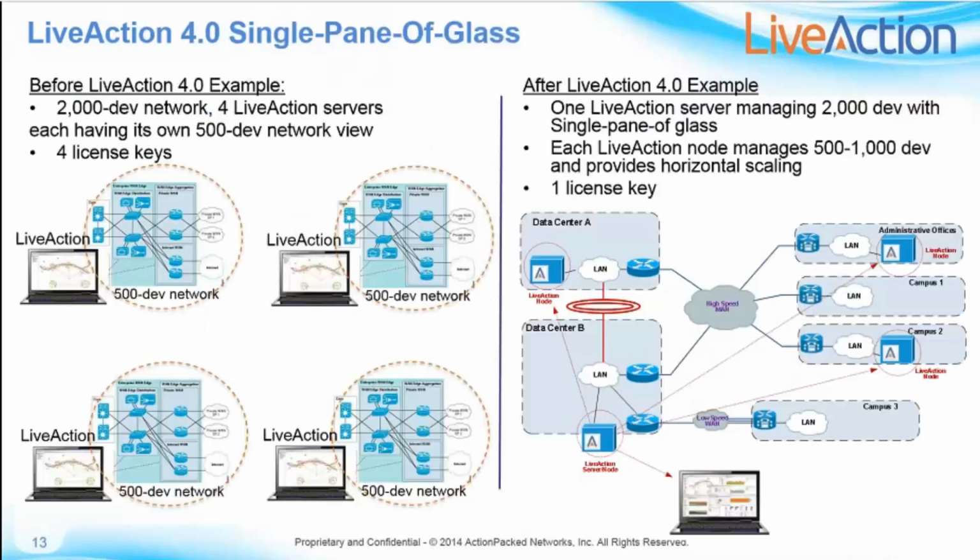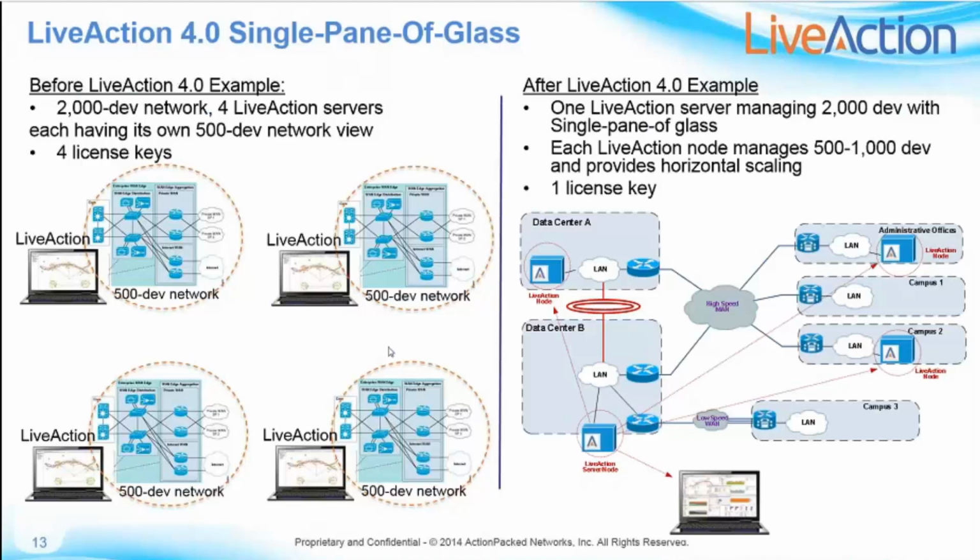In the old view of LiveAction, if we had a 2,000 device network on the left, you would see I would have to have 4 instances of LiveAction running, and the consoles were not integrated, so we could not see across the network completely or have a single pane of glass. We had to have 4 license keys, 4 servers to be able to have this view, so it wasn't uniform.